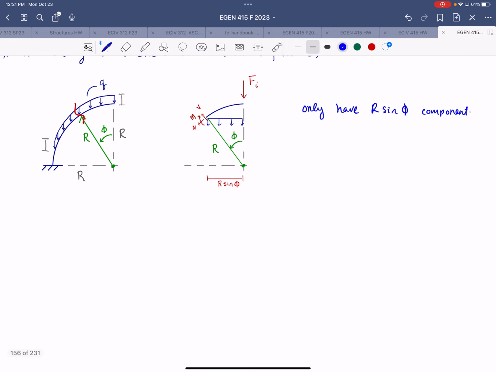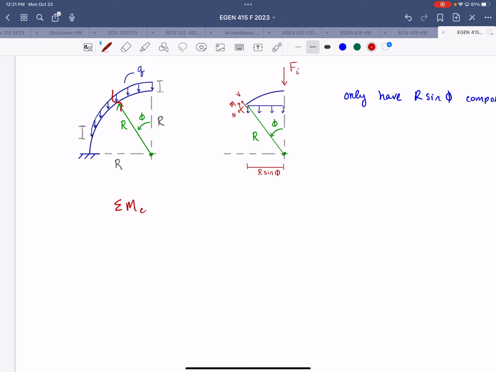All right, so if we sum moments about the cut, we have 0 is equal to m plus qr sine phi times the moment arm of r sine phi over 2, plus fi sine phi.